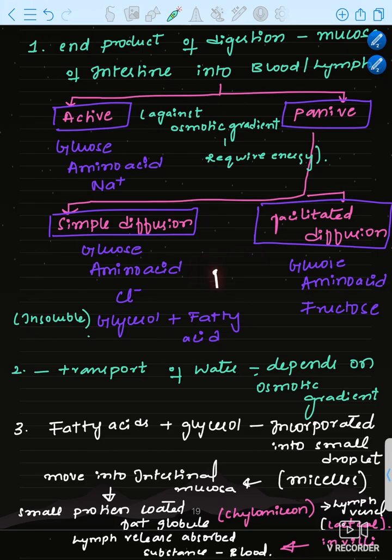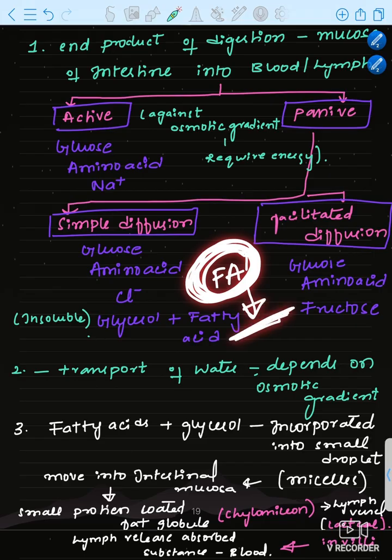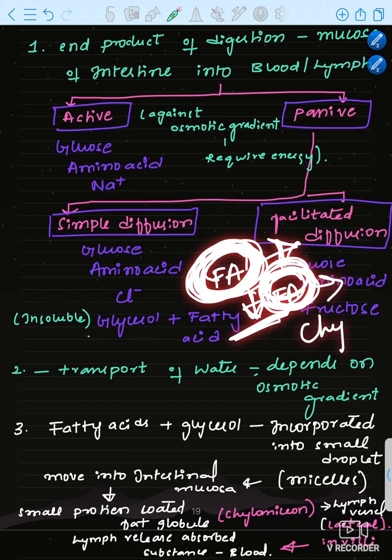That's why they will be incorporated into a small droplet, that is called a micelle, and it will go near the intestinal mucosa. Till the intestinal mucosa it will go in the form of micelle, and here this micelle will go off, and the fatty acid now will be incorporated by a small protein coat, that is called chylomicron.